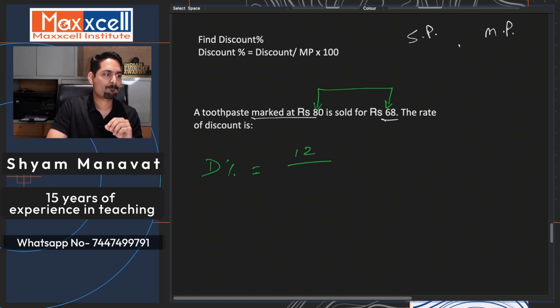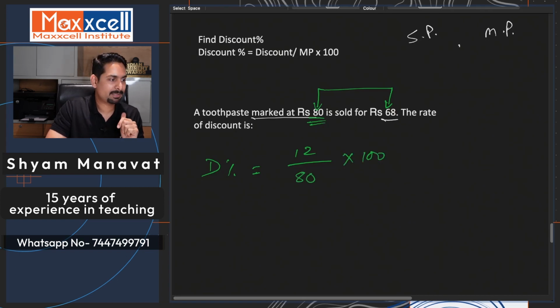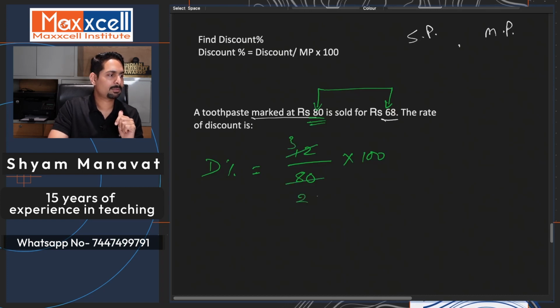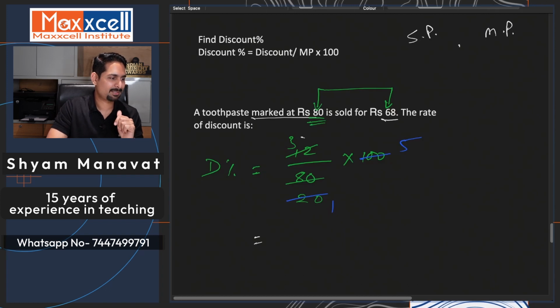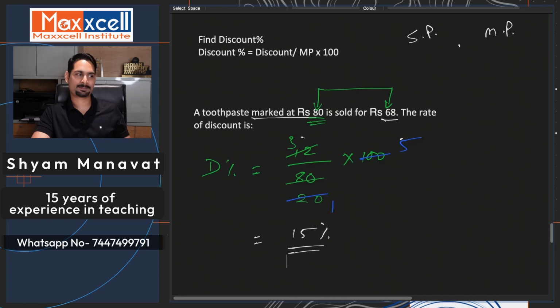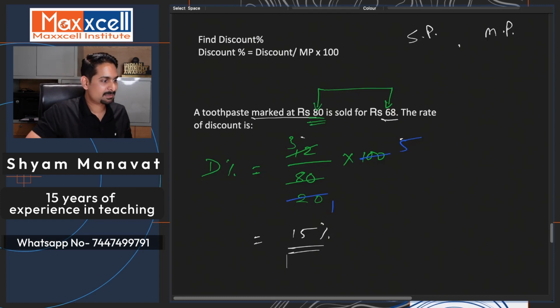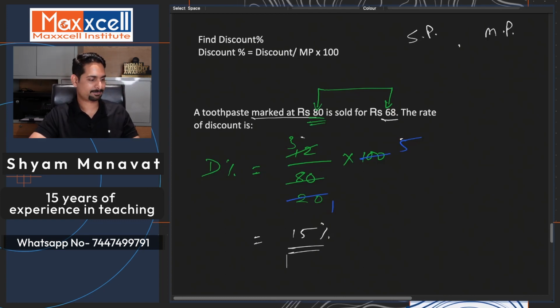Divide by mark price 80, into 100. Now you can simplify this. Let's do it by 4. 3 fours are 12, 2 fours are 8. Now 2 ones are 20, 5 twos are 100. So 3 fives are 15. So the discount percentage is 15%.